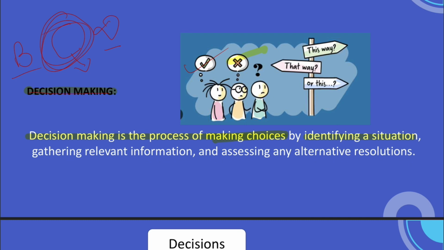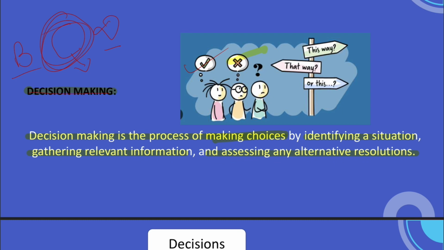Sometimes we need more information. In order to take a decision, we need more related information to make a better decision. And sometimes we have multiple solutions to a problem, so we decide which is best out of many possible solutions. We call this assessing alternative resolutions.